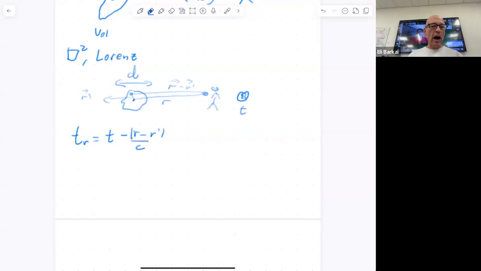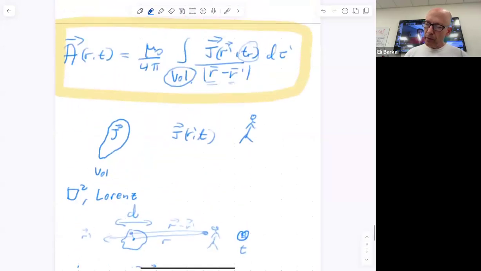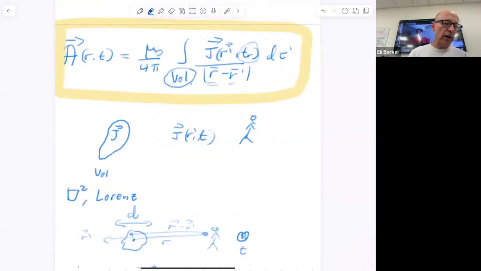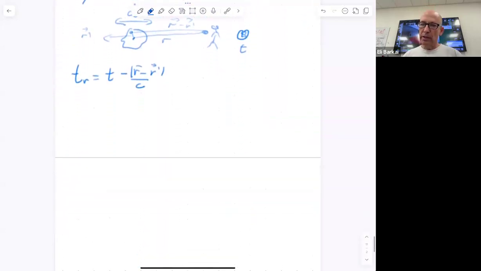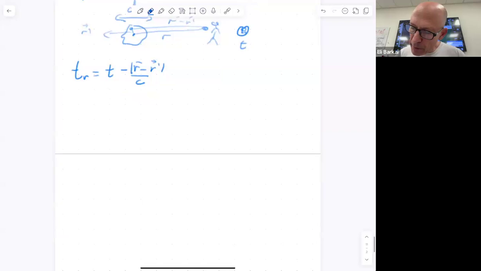Again, R minus R prime over c is the time for information to go from R prime to the position R. So at this relevant time, you care about the value of the current at a specific point in space in the system. So these are the ideas that we had in the previous lesson. Again, R is for retarded.